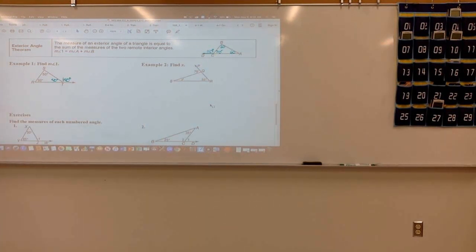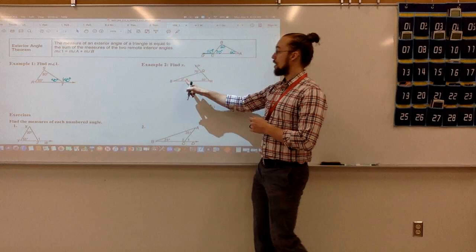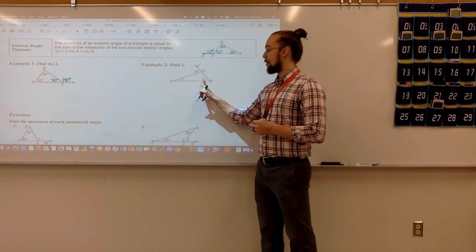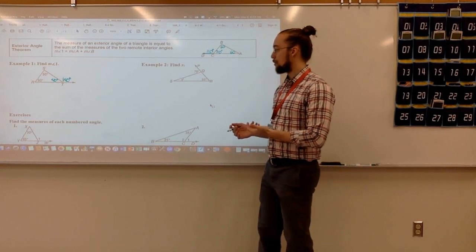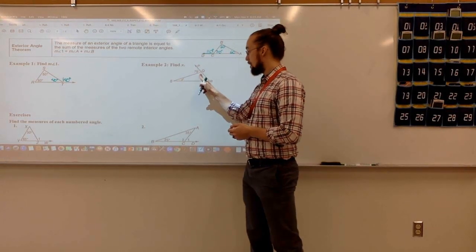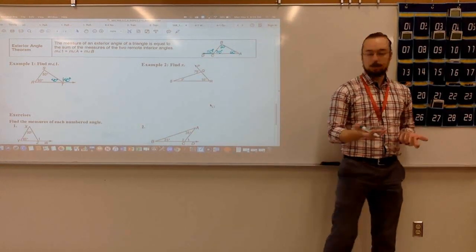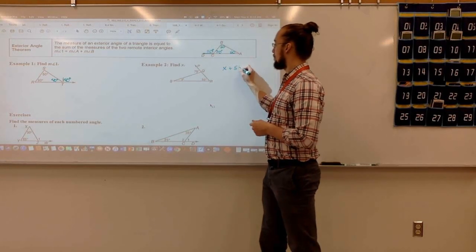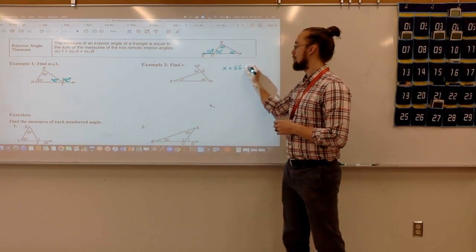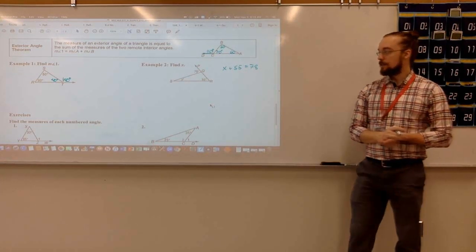In example 2, again, we could say that these two interior angles would have to add up to the non-adjacent exterior angle, or we could find this angle and say these three would have to add to 180. Either way. If we use this exterior angle idea, we would just say x plus 55 equals the exterior angle of 78.